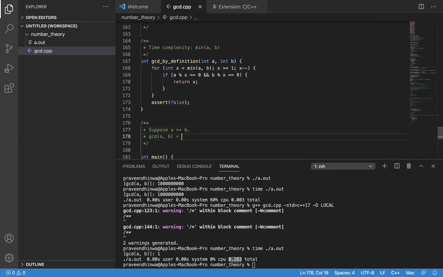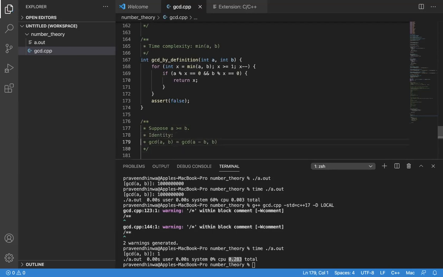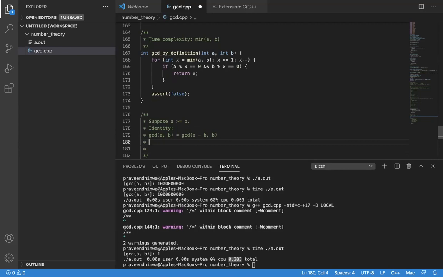Then GCD of a comma b will be the same as GCD of a minus b comma b. This identity is a very important identity. It means that for two numbers, if you subtract the smaller one from the larger, the GCD is still going to remain the same.